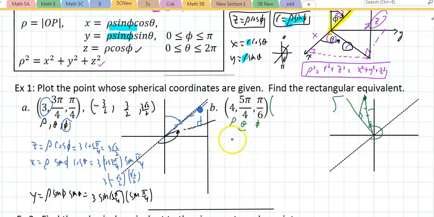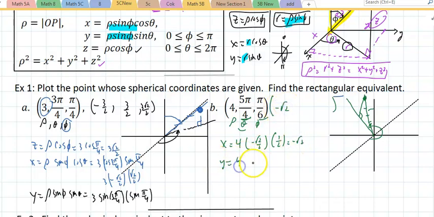And to convert that, again, we could say x is rho times the sine of phi cosine of theta. Cosine of 5 pi over 4 is negative radical 2 over 2. Sine of pi over 6 is 1/2. So that is negative radical 2.